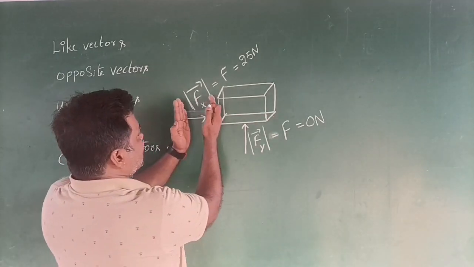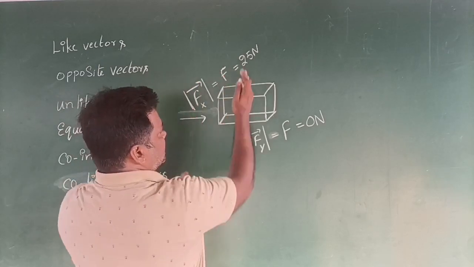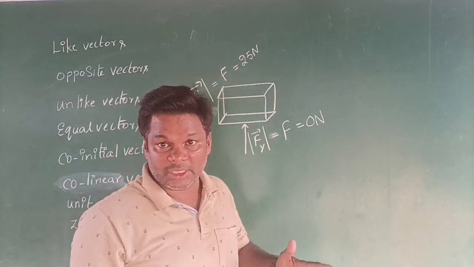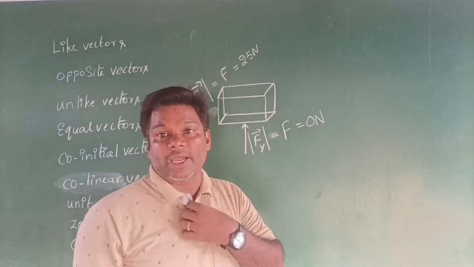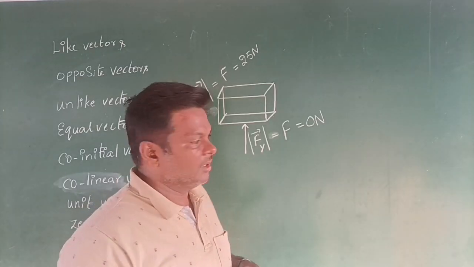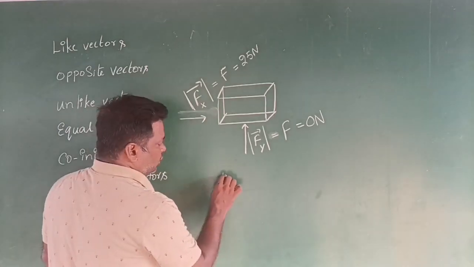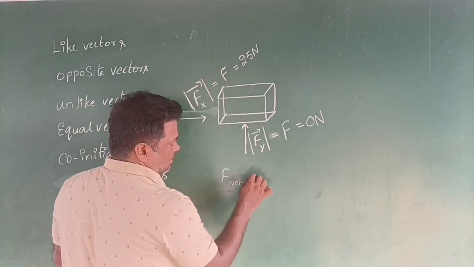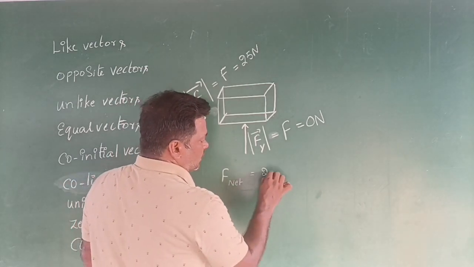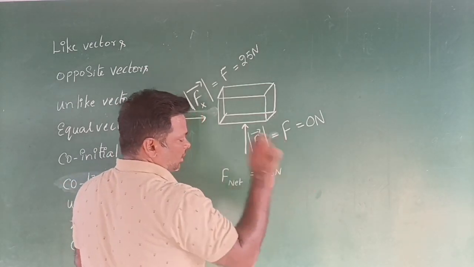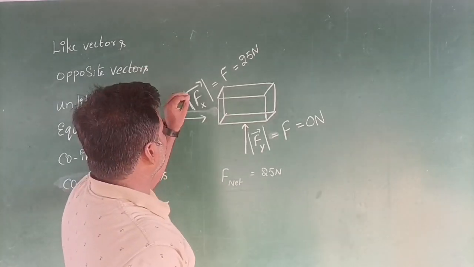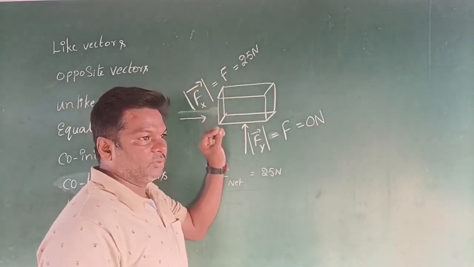Only the force along the x-axis is acting, equal to 25 newtons. So what is the net force acting on this? The net force is 25 newtons along the x-axis. This is how we come to know in which direction the force is acting.